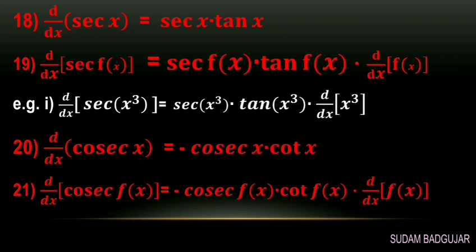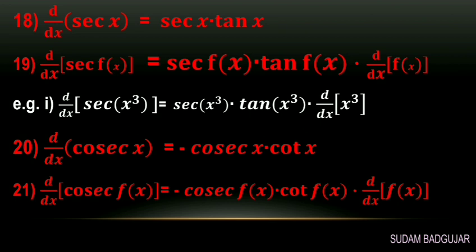See here, for trigonometric functions and inverse trigonometric functions, the derivative of anything starting with c is always negative. See, previously the derivative of cos was minus sin, the derivative of cosec is minus, the derivative of cot is minus, and the derivative of cosec is also minus.